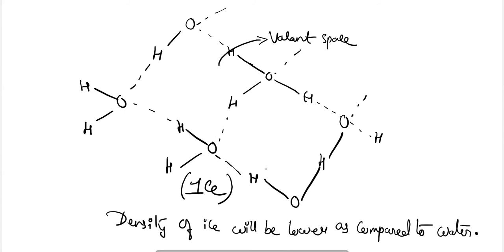Ice is nothing other than the solid form of water. In other cases, the solids of liquids have more density, but in the case of water the solid has lower density. This is due to the formation of hydrogen bonds in water and ice, which makes them lighter.